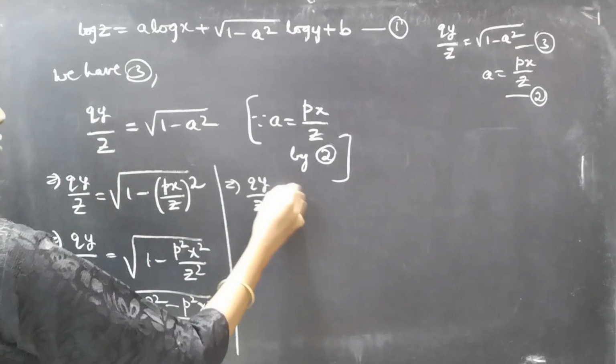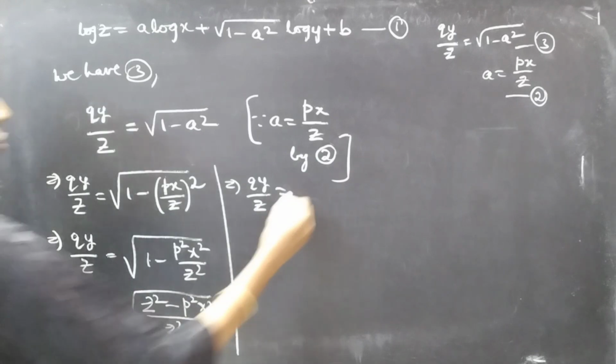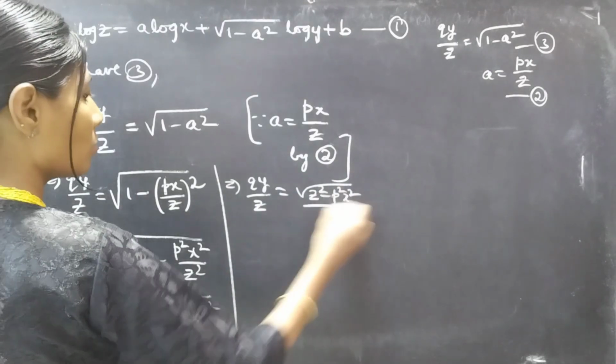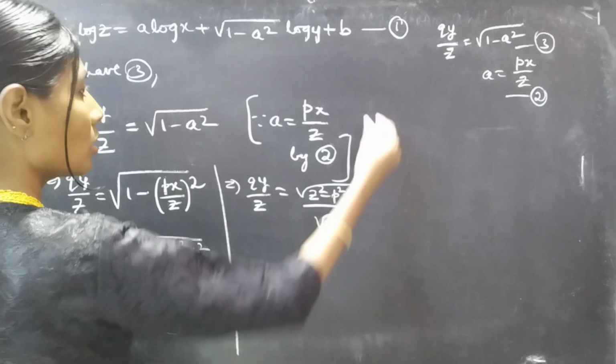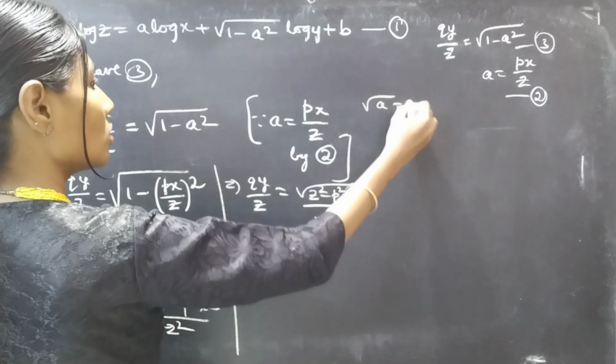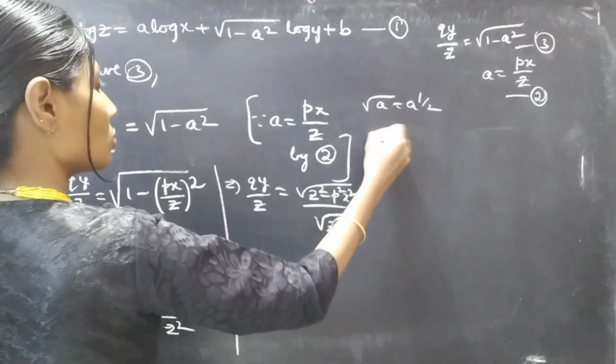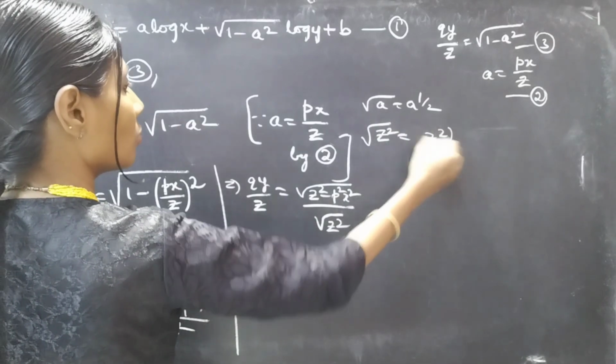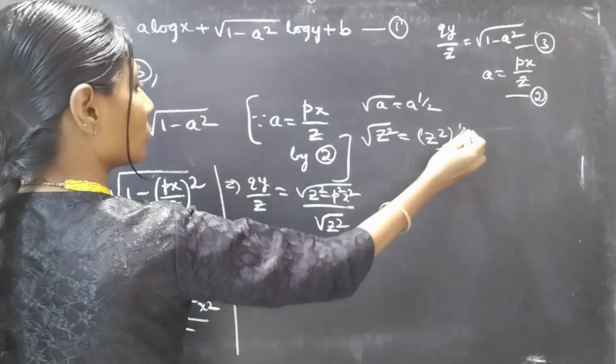We can split the square root as square root of z square minus p square x square by square root of z square. Since we know that square root of a equal to a power 1 by 2, we can write square root of z square as z square power 1 by 2, right?